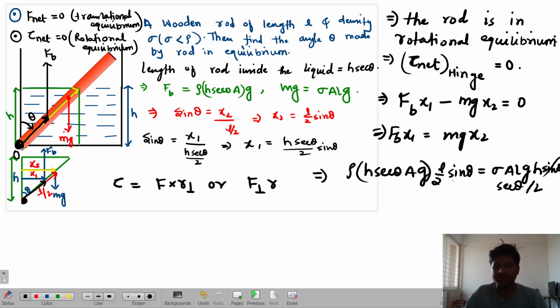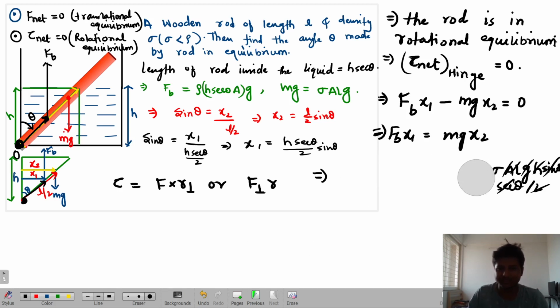So sine theta cancels, L cancels, area cancels, gravity G cancels, H cancels, sec theta cancels, 2 cancels. All are cancelled. What is left there? I think I am making some silly mistake over here. One minute, let me check.